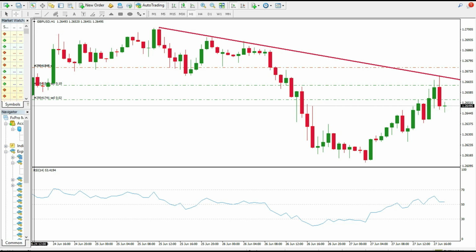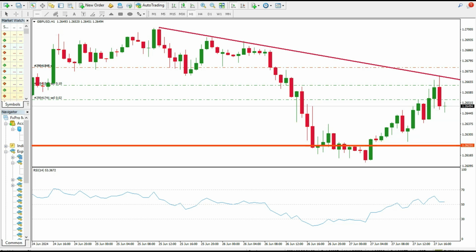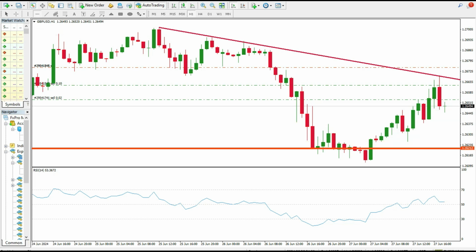So we can expect to see price at least in this area here, maybe more, maybe up to 1.26, but today I expect to see a drop of at least 20 to 30 pips by the end of the day. And this can be a very good trade.